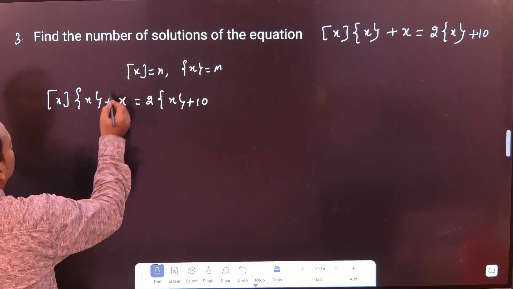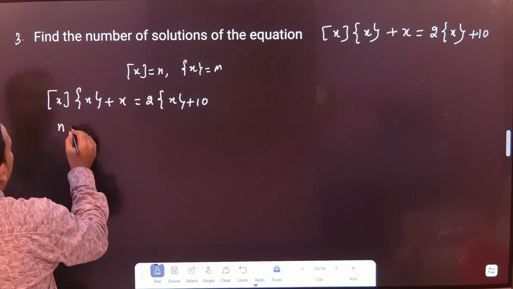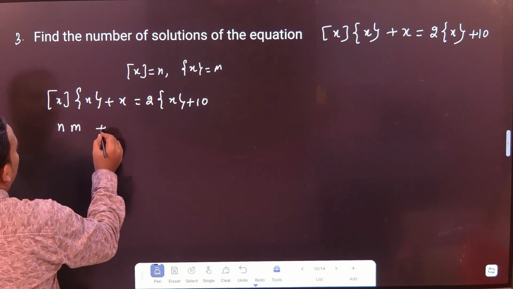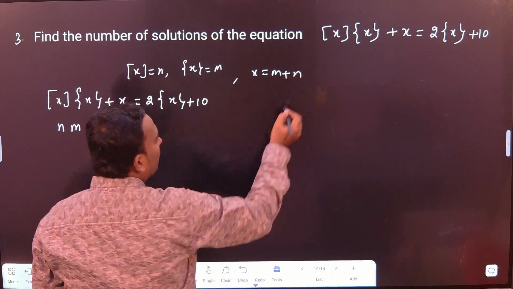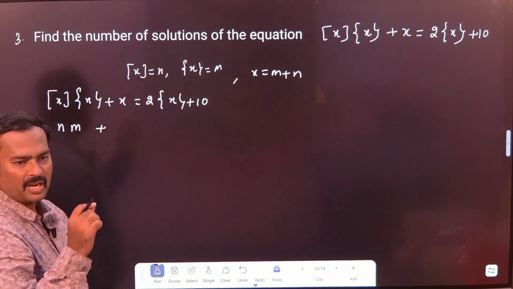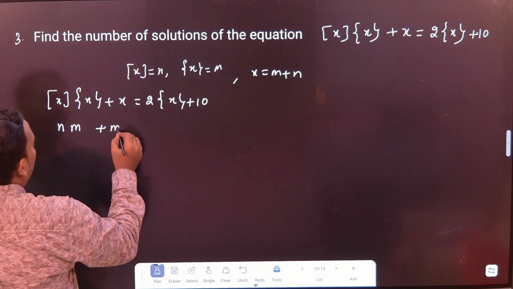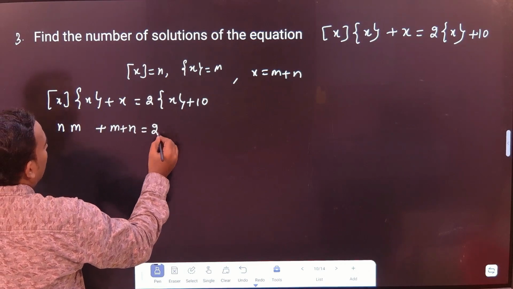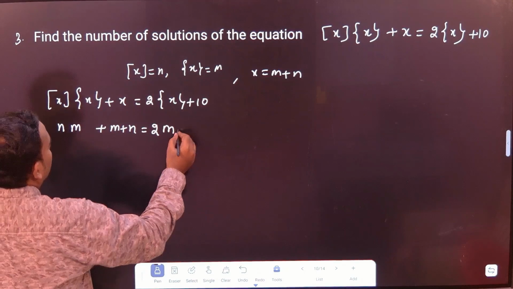Just replace greatest integer function equal to n, fractional part function m, and you know how to write x? m plus n. m is the fractional part function, n is the greatest integer function, right? So m plus n you can write. So 2 times the fractional part function here is m, right, plus 10.